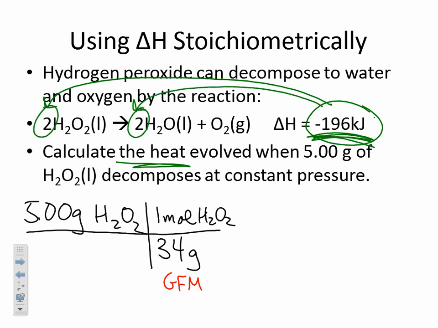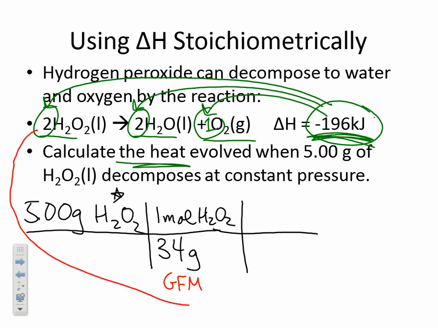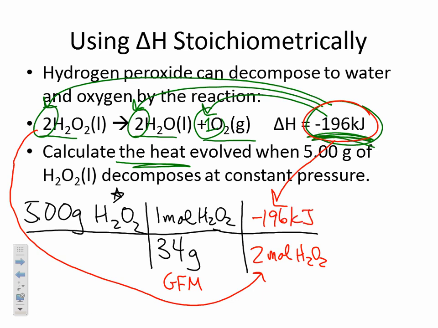That number is for 2 moles of H2O2 decomposing to 2 moles of H2O and 1 mole of O2. Well, in this case, we have hydrogen peroxide, H2O2. So, using the coefficient from the balanced chemical equation, we know that 2 moles of hydrogen peroxide release 196 kilojoules of heat.